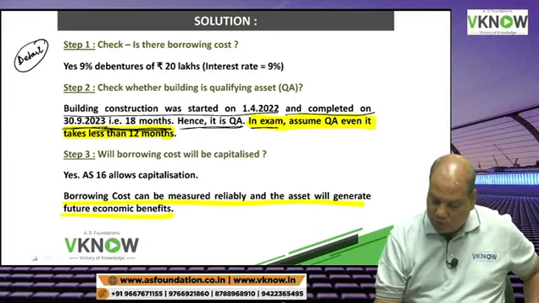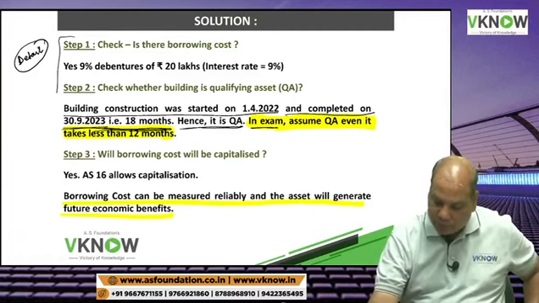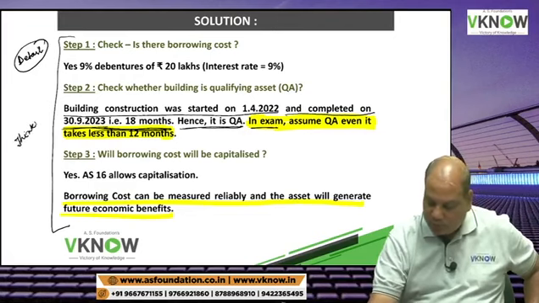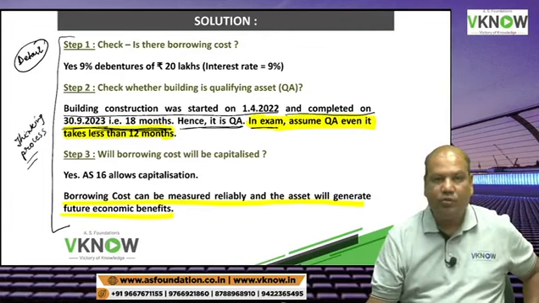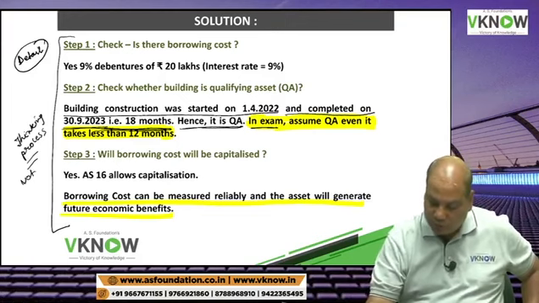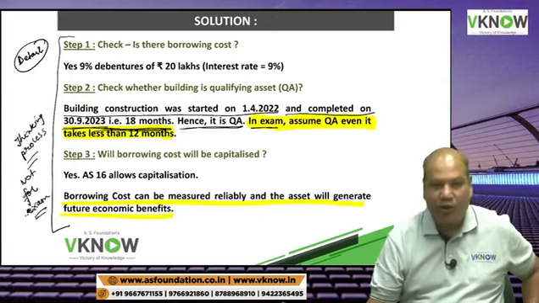Now, this is called thinking process. Before you start applying the standard, mentally we have to apply these steps, not for exam. We don't have time in the exam, but mentally we have to see whether this question will come under accounting standard 16 or not.